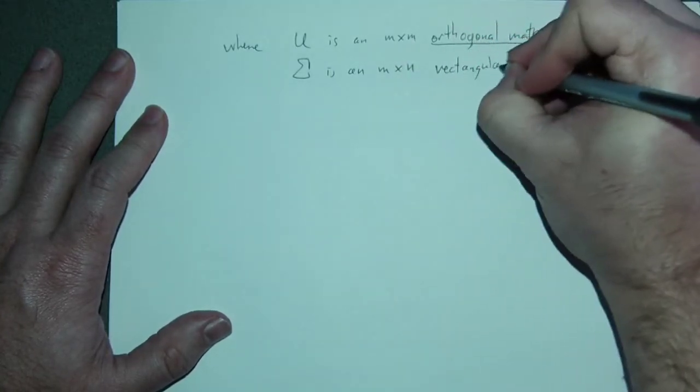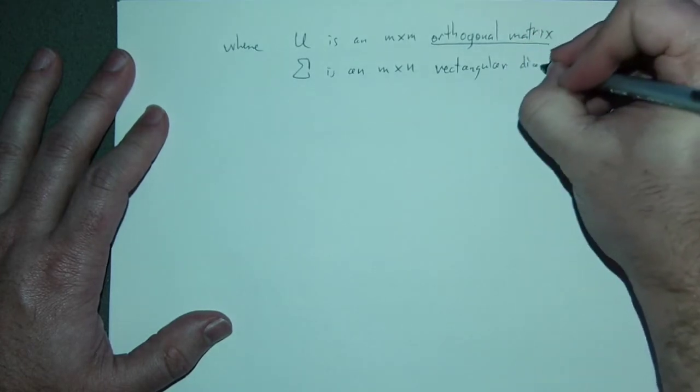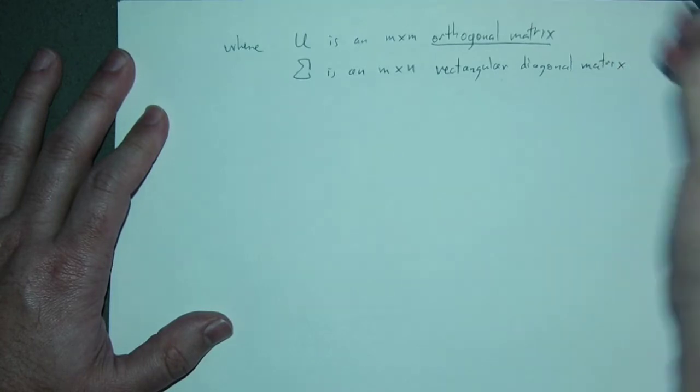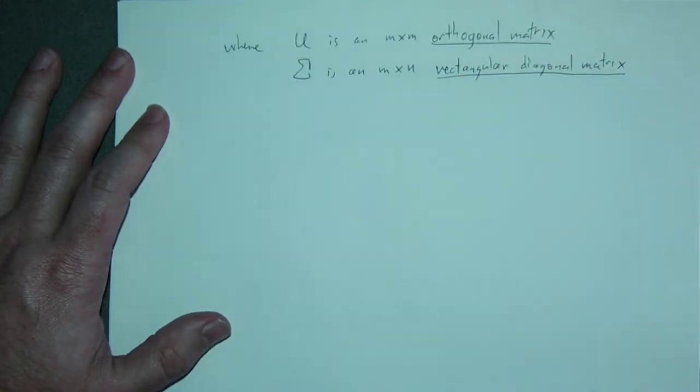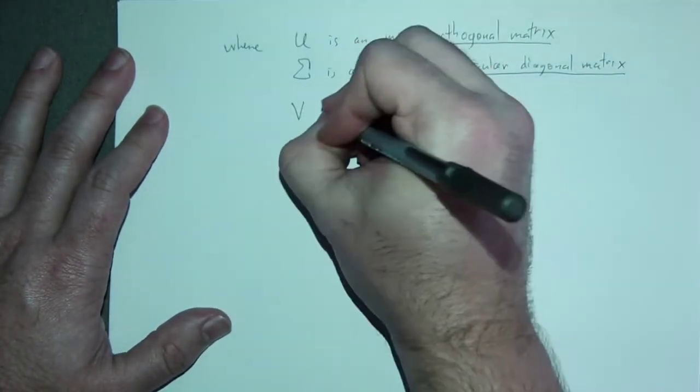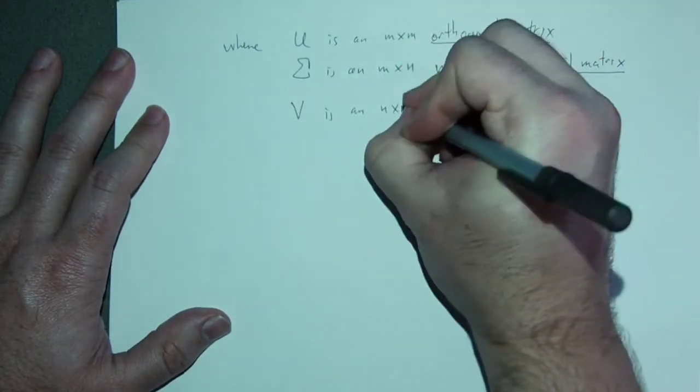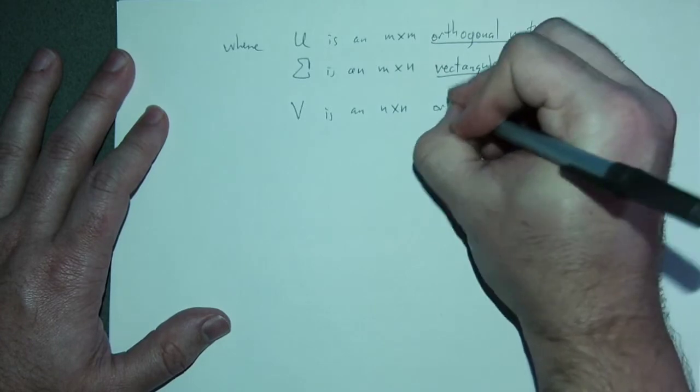That might be a new term, but with a little bit of imagination you can probably guess what that is. And then next, V is an N by N orthogonal matrix.